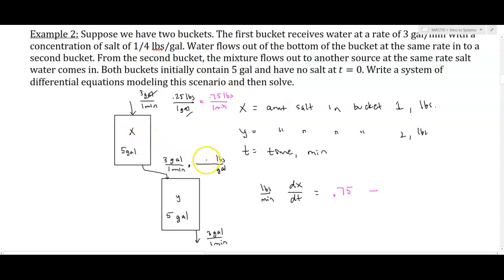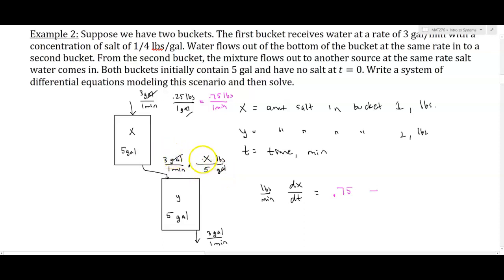What's coming out is a function of what's inside. What's inside of here? Well, at any moment, there are X pounds. And we can't say it's a quarter because, remember, there's stuff coming in and stuff coming out. So this is constantly mixing, and at any given moment, it's impossible to say exactly how many pounds there are in there without doing some calculus analysis. And so there are X pounds dissolved in 5 gallons. And you can see here we get pounds per minute again.